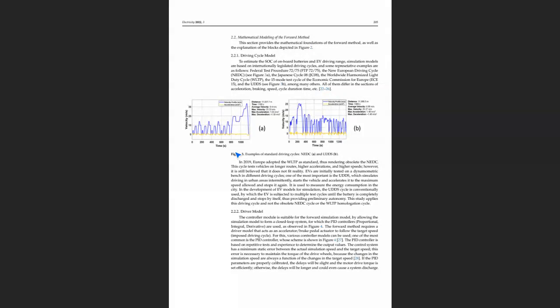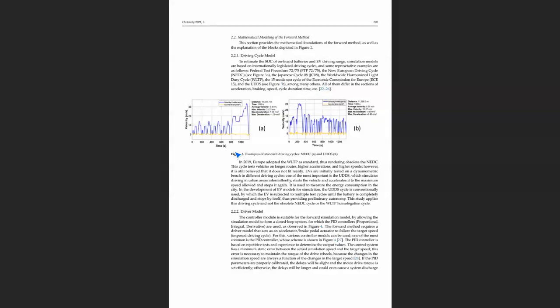Another one is UDDS, another type of drive cycle model. Also, we have lots of drive cycles, for example FTP 72, the Japanese cycle, and the Worldwide Harmonized Light Duty Cycle, WLTP.